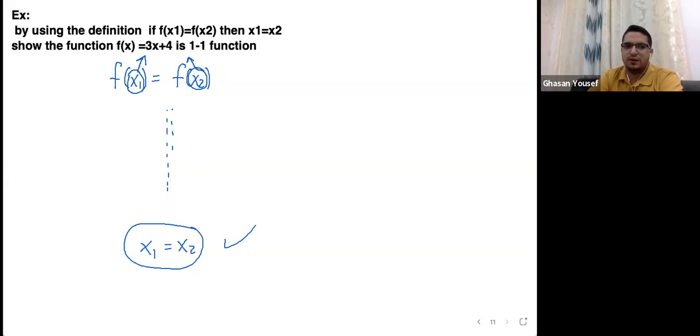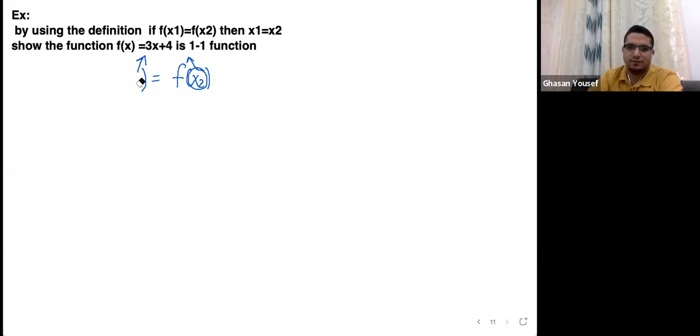Okay, let's do it together. f of x1 equal f of x2. What is f of x1 after you plug it inside the function?